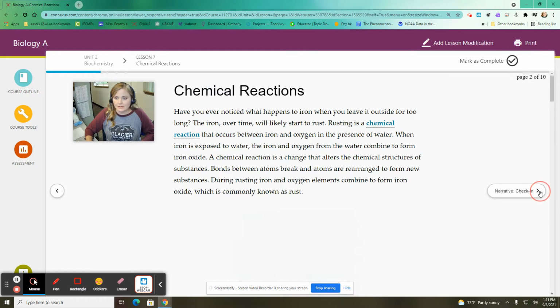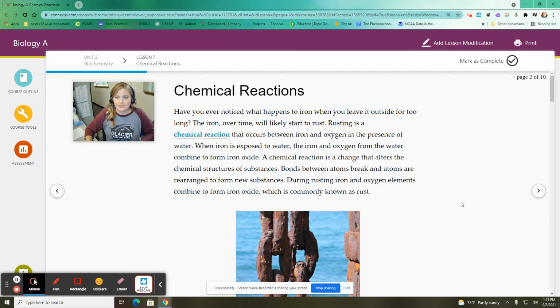So let's look at some of the terminology here. We have chemical reactions, and it's a reaction that changes the chemical formula of something. Conservation of matter: matter is conserved, but the arrangements between atoms are changed. Bonds are broken and new bonds are formed to form a new substance. That's what chemical reactions actually are.